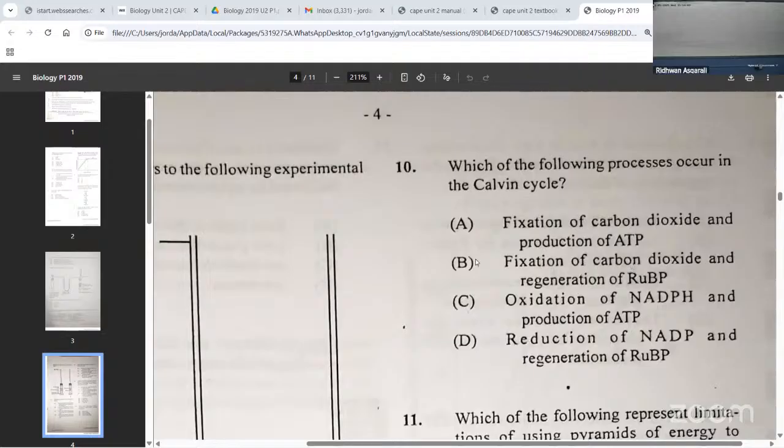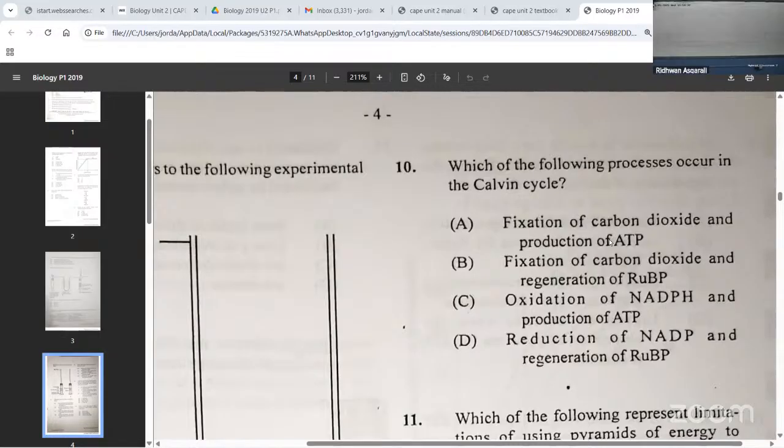Which one? A, B, C, or D? It's supposed to be production of ATP in one of them, so it's either A or C. Now, is carbon dioxide fixed or is NADPH oxidized? Actually, no, it'll be B. Sorry, there's no production of ATP in the Calvin cycle. I mixed it up. So it'll be B, fixation of carbon dioxide and regeneration of RuBP.